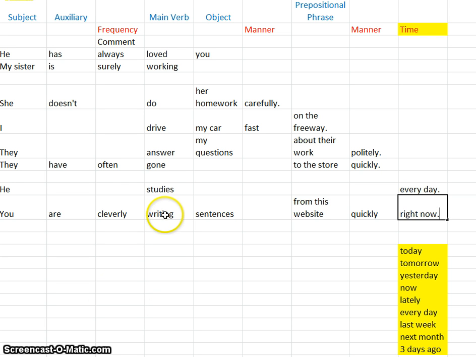Well, I can have these adverbs of comment, manner, and time all in the same sentence. You don't have to choose between them, but they do need to go in those locations. As you've seen, you don't always have an auxiliary, you don't always have an object, you don't always have a prepositional phrase, but the pieces that you do have must go in this order.